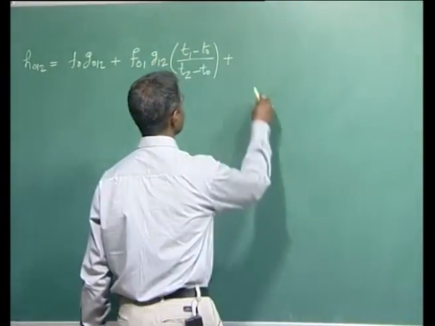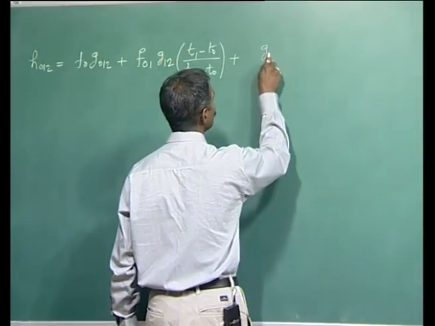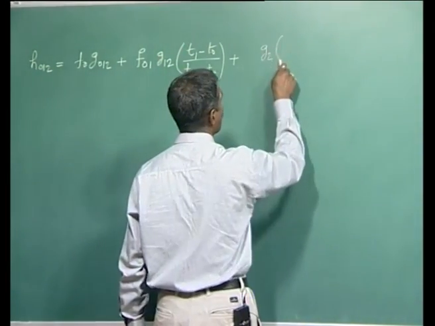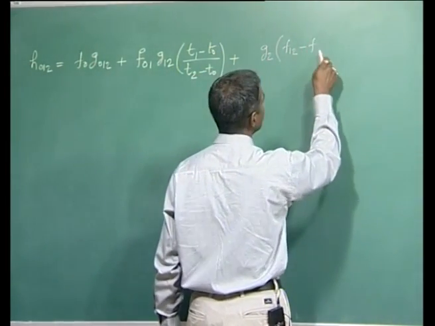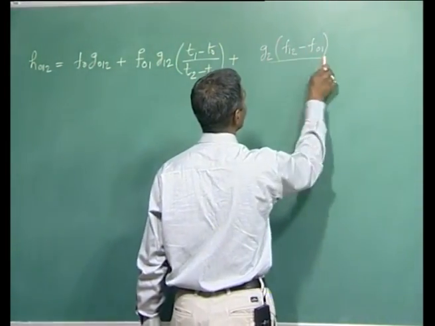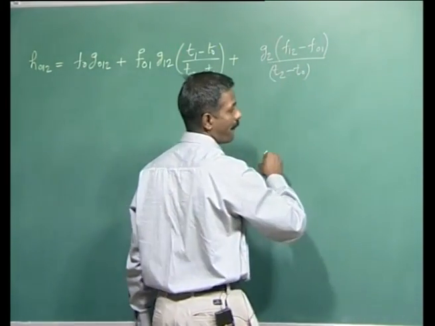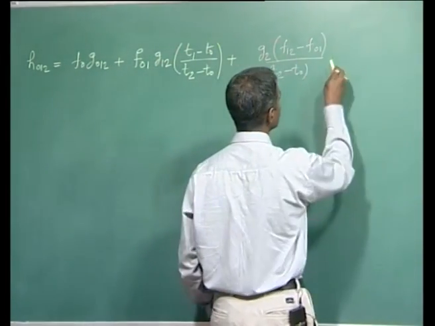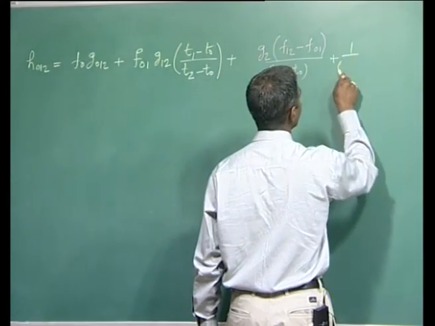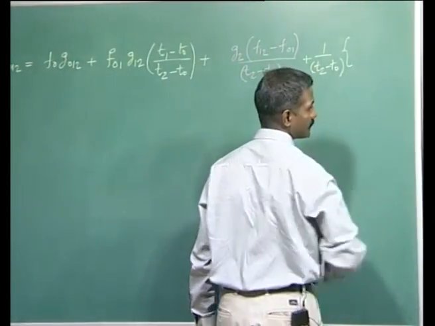This would give me G2 times F12 minus F01 over T2 minus T0 plus 1 over T2 minus T0, whatever is left.